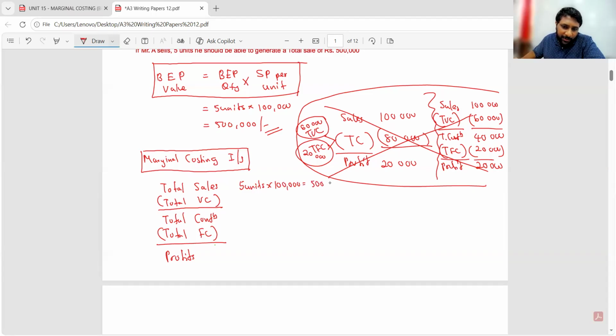Then what's the total sales, people? 500,000. So if you are selling 5 laptops, how many laptops you have to purchase? 5 units. So what is the cost? 60,000. Then here how much is that? 300,000. Then what's the value that you are getting over here? 200,000.